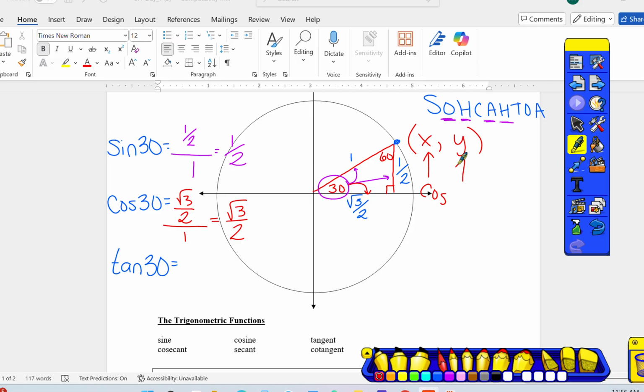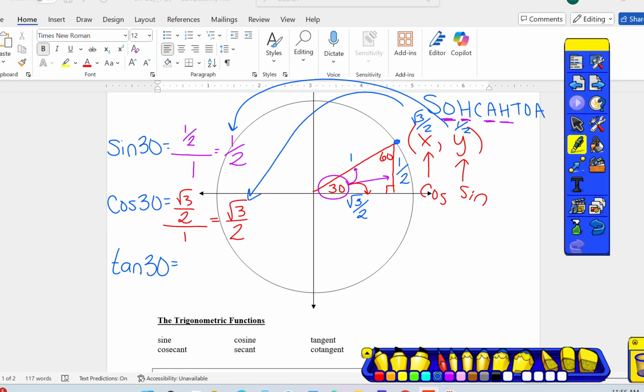And the y value is always going to end up being what your sine is. So we know our coordinate points. The x value is √3/2, and that's what we got for cosine over here. And for y, the y value is 1/2, and that's what we got for sine over here.